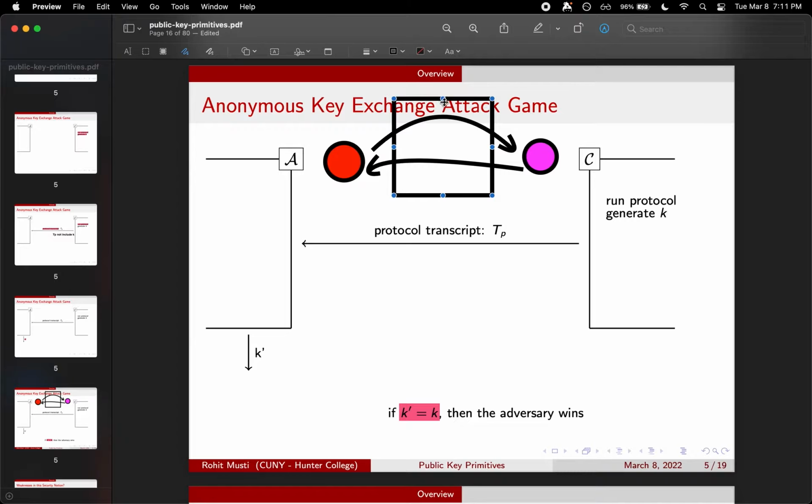They're going to see all of these messages, but they're not going to see the secret K that was generated by all of these messages. And their goal is to try to guess what K is from these messages. If K prime equals K, then the adversary has guessed their secret and is able to decrypt all of the messages that come after K.